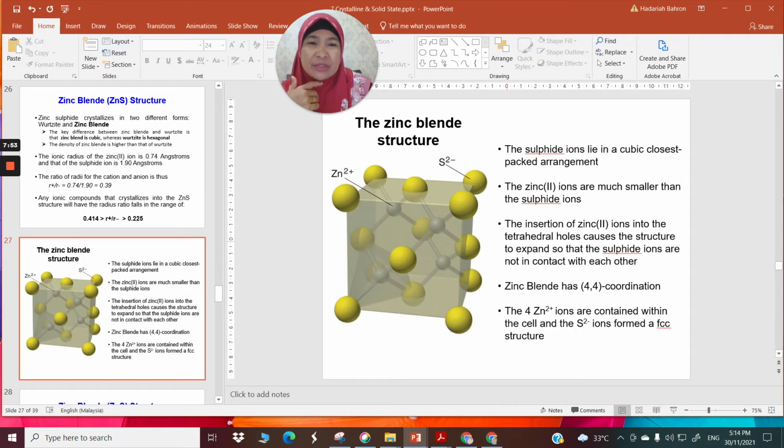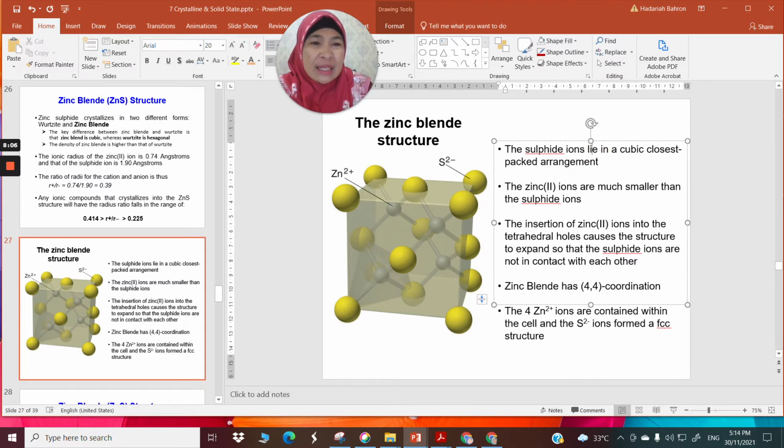Now, this is the zinc blende structure. The sulfide ion, the one on the corner, this yellow, is always bigger. Remember, your anions are always bigger than your cations. The sulfide ions lie in a cubic close-packed arrangement. The Zn2+ ions are much smaller than the sulfide ions.